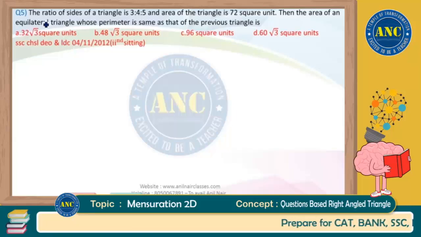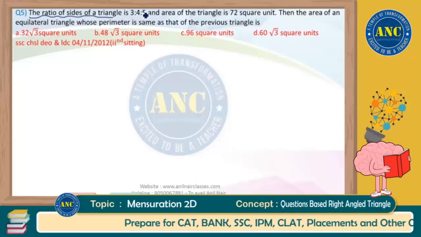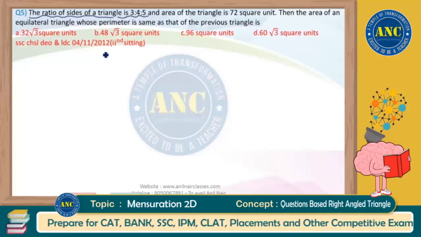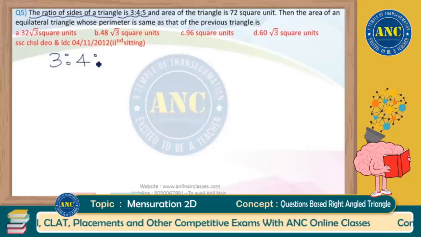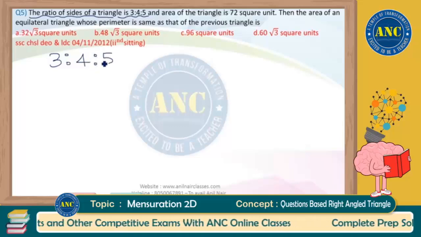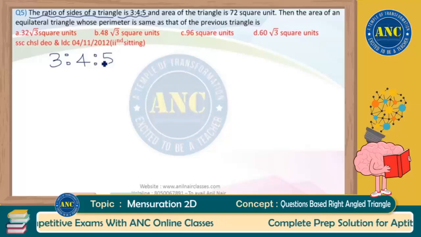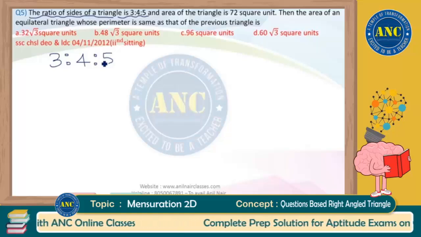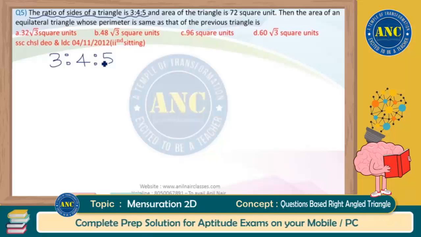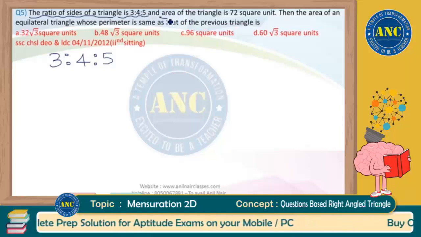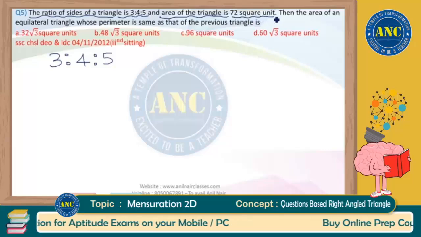Next question. The ratio of sides of a triangle is 3 is to 4 is to 5. That means the three sides are in the ratio 3 is to 4 is to 5. Can I say that 3, 4, 5 is nothing but a Pythagorean triplet? So this question belongs to right angled triangle of 3, 4, 5 sides. Yes. The area of the triangle is 72 square units.